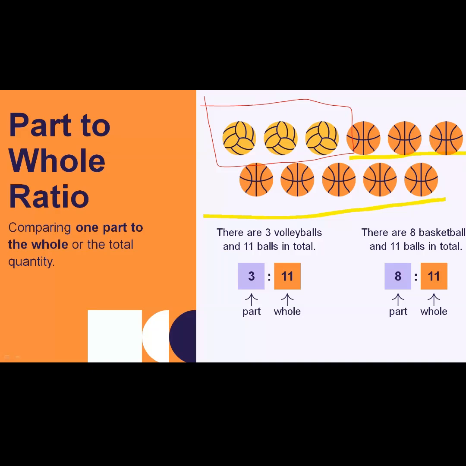We can write 3 ratio 11. This is called part to whole ratio, or we can write basketballs ratio whole. The basketballs are 8 and the total is 11. So we can write 8 ratio 11 or 3 ratio 11. Both are part to whole ratios.